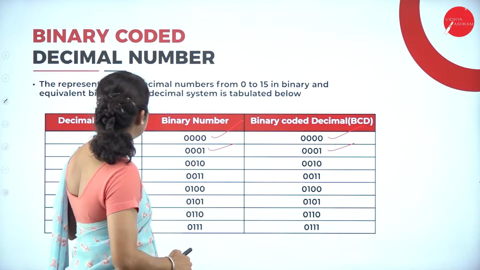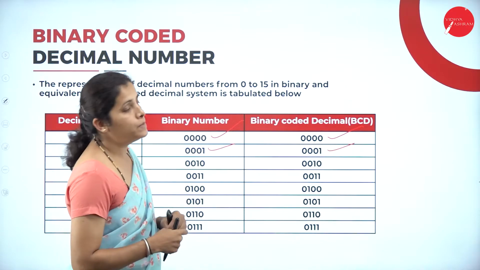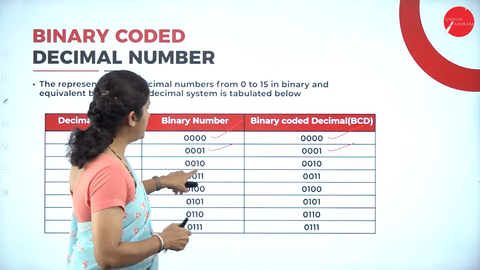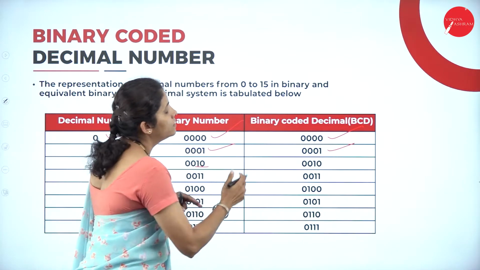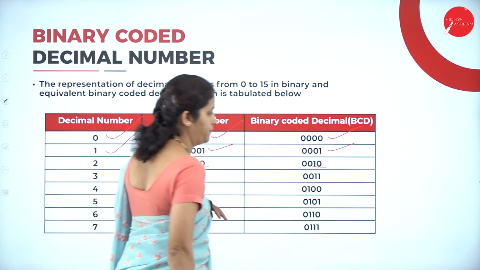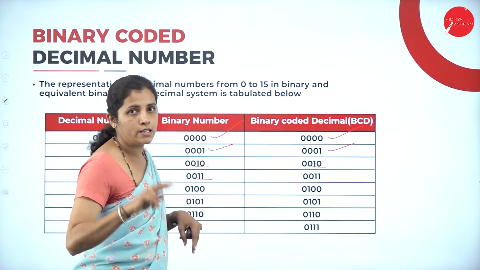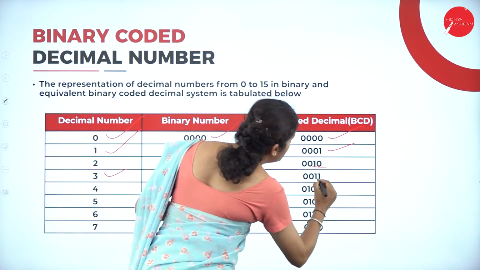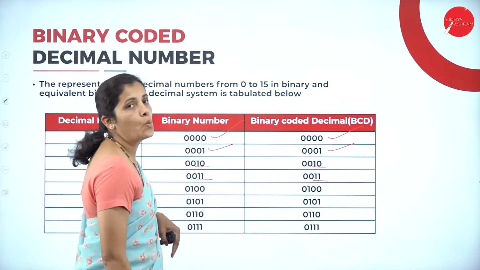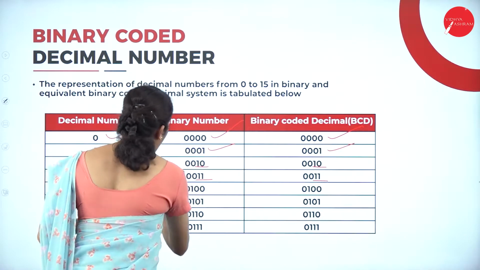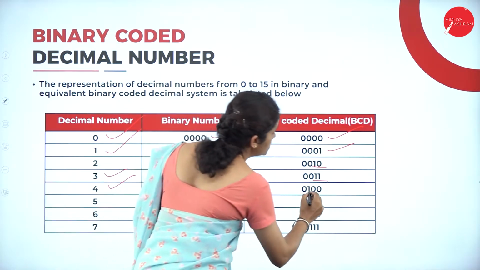Then to represent decimal number 2 in binary, it is 10. Same in BCD. Then for 3, the binary representation is 11. The BCD representation here is also 11. Then for 4, here it is 100.